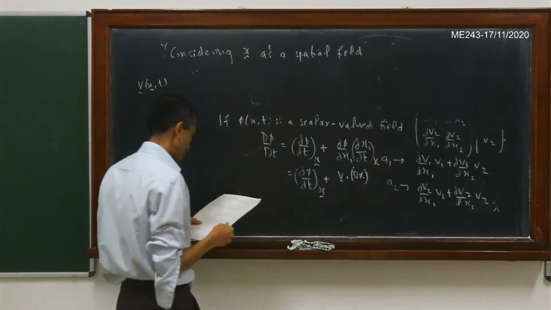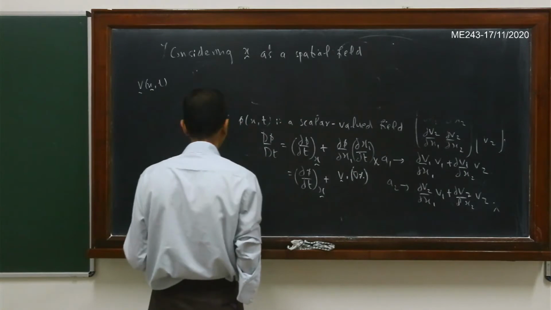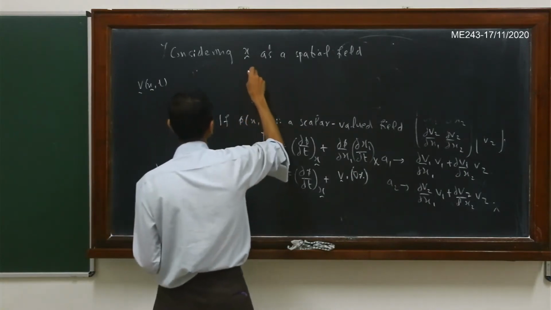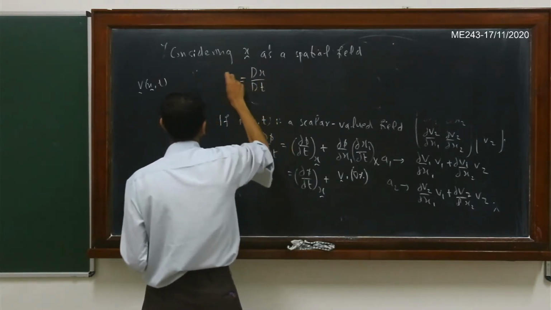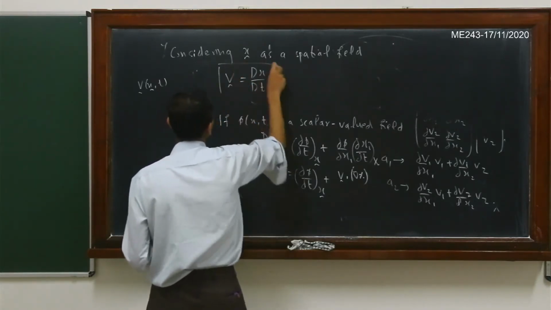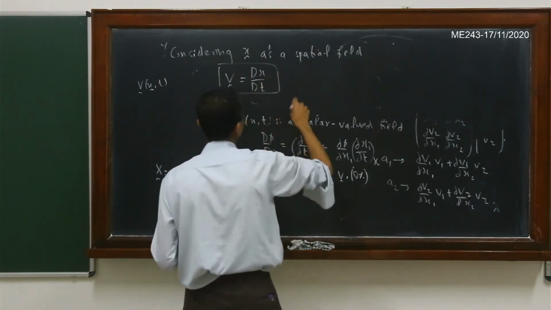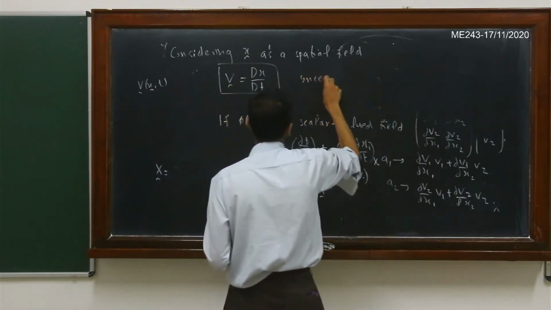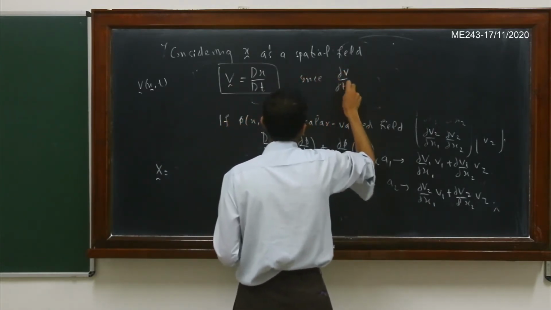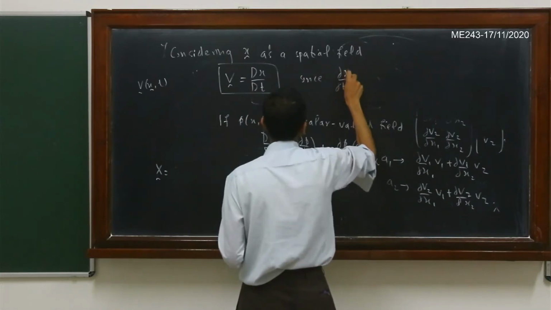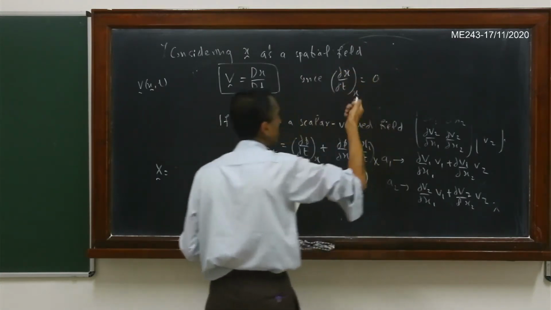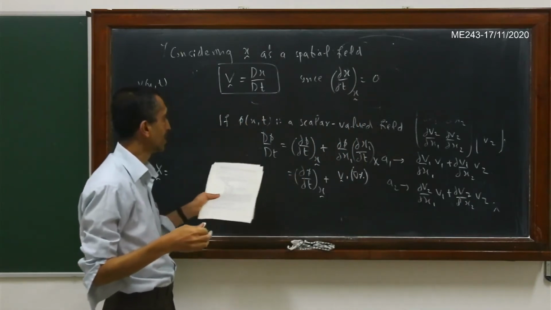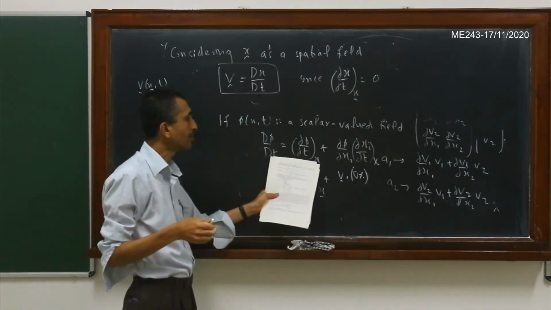And if you take the material derivative of that, then we get that dx by dt is equal to v. This is since del x by del t, keeping small x fixed, is equal to 0, because x is fixed when you are taking this partial derivative with respect to time keeping x fixed.